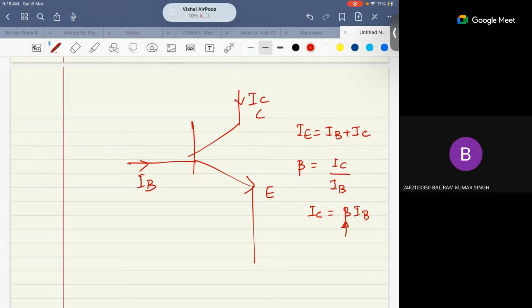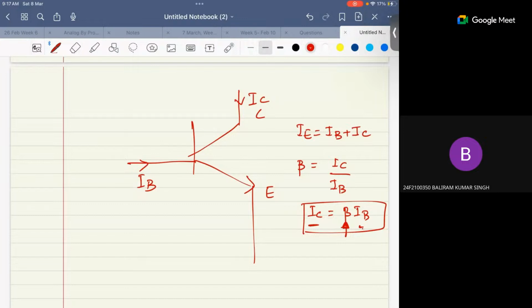This value will be very high, because I told you IB normally is very small, and to have some significant value for IC, beta must be a very high value, right? This you call the current gain for a BJT. So beta, you must be remembering, is equal to IC upon IB.